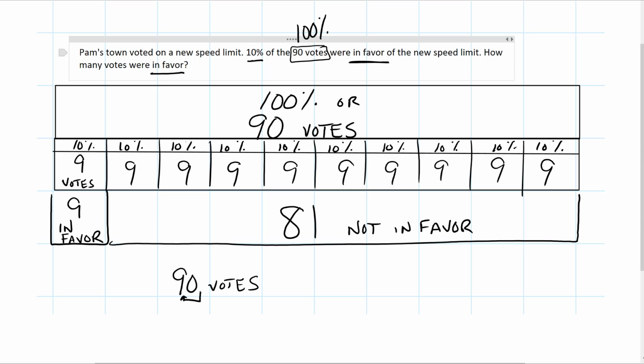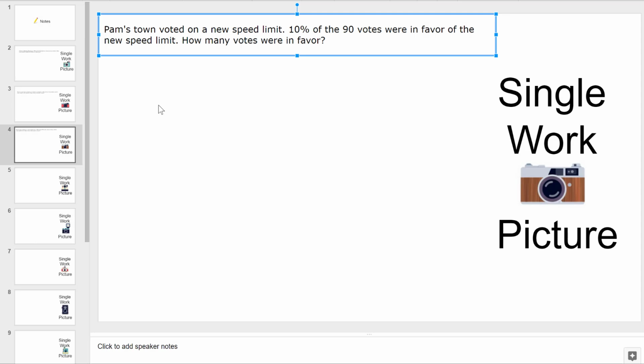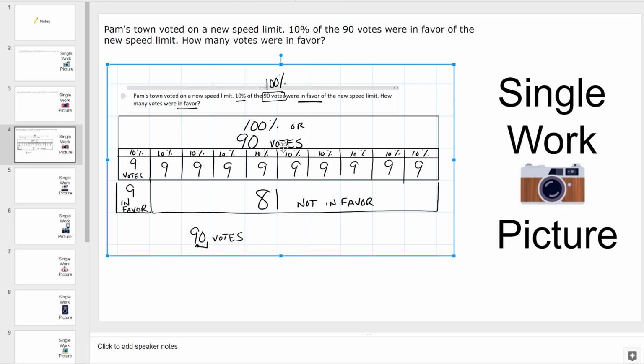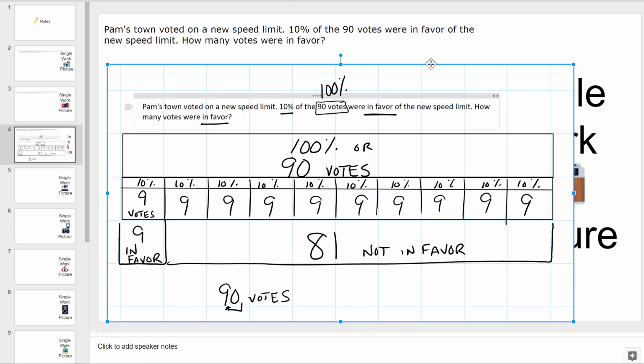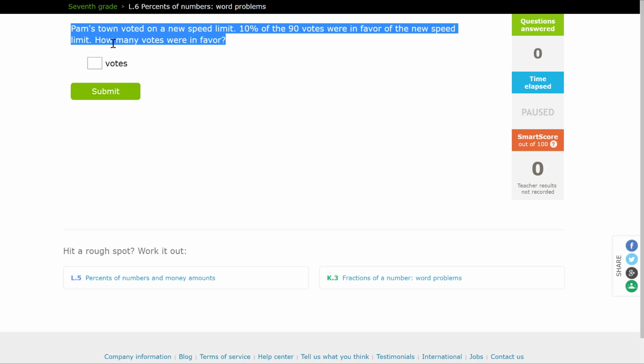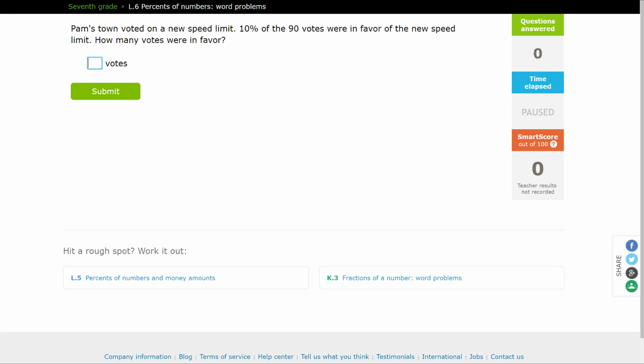There we go. And there we go. I can paste my picture in. Now you guys will use your camera and you'll post that. This is how it should look. Go back to my IXL assignment, and I'm able to type in 9.